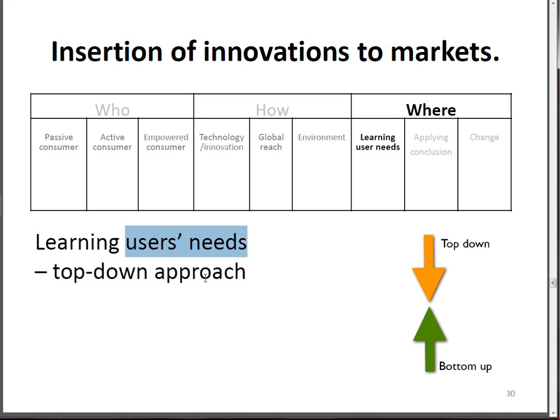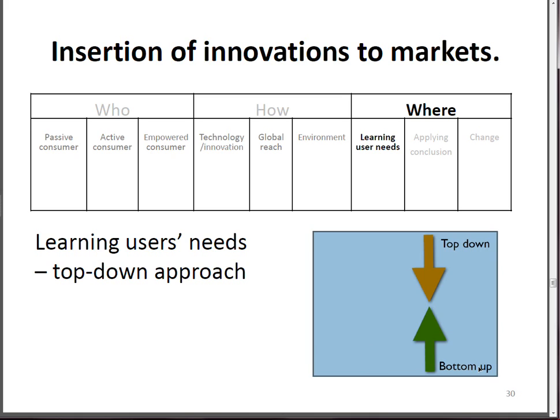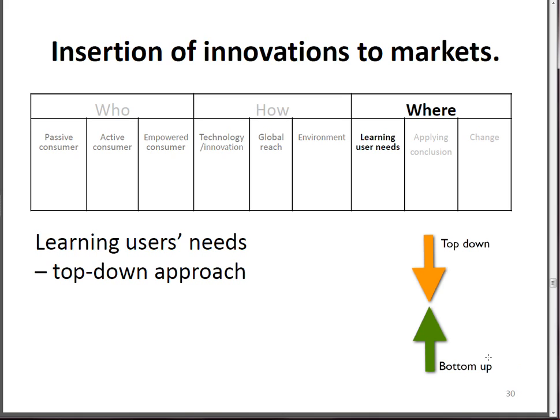It's a top-down approach of understanding what people really require, what they need, what they will be willing to pay for, and how much. Although we say that it is a top-down approach because it's about policies, government, and companies wanting to understand the users, you can also consider it as a bottom-up approach in a way, because you could study those bottom-up initiatives and how they operate and learn from them.